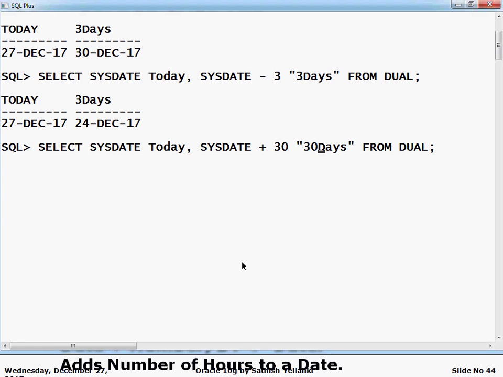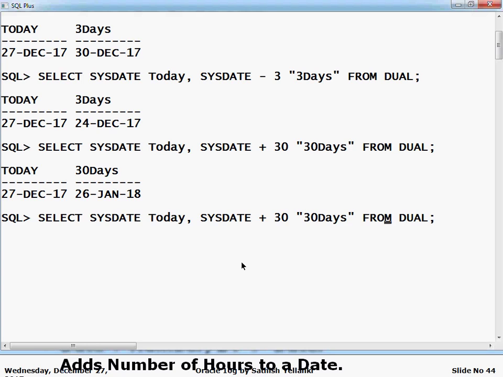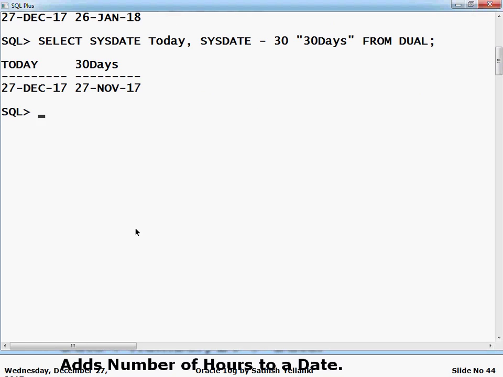Oracle has all the intelligence of changing the month and the year if the need arises. In that calendar, it can rotate with any value. The same way, minus 30 takes you automatically to the prior month. So if the number of days changes, no issues, it will change the year also. You don't need to worry about that.